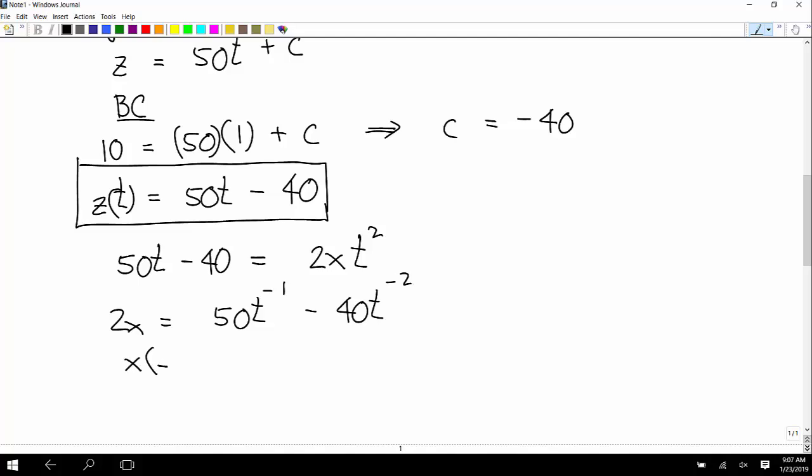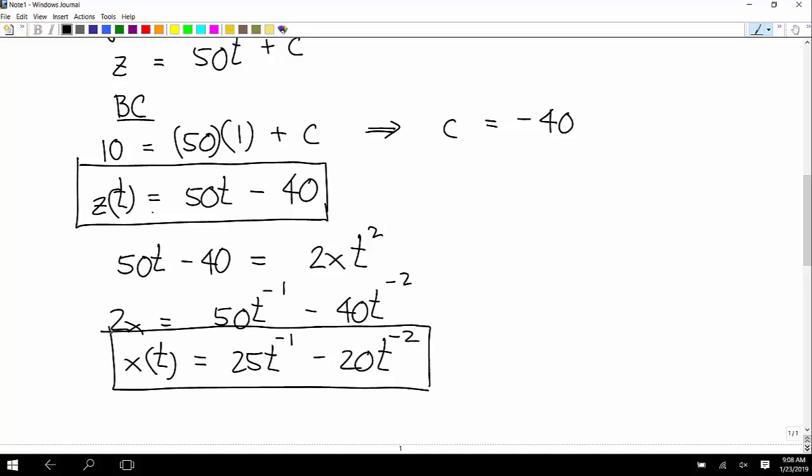And so x as a function of time is equal to 25t to the minus 1 minus 20t to the minus 2. Any questions about that? So you have to choose that sort of intermediate dependent variable, solve for that, and then calculate x after.